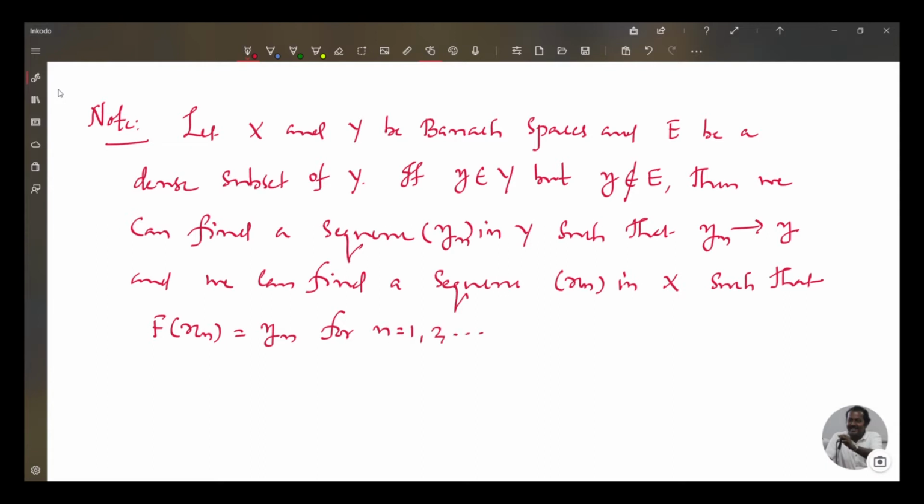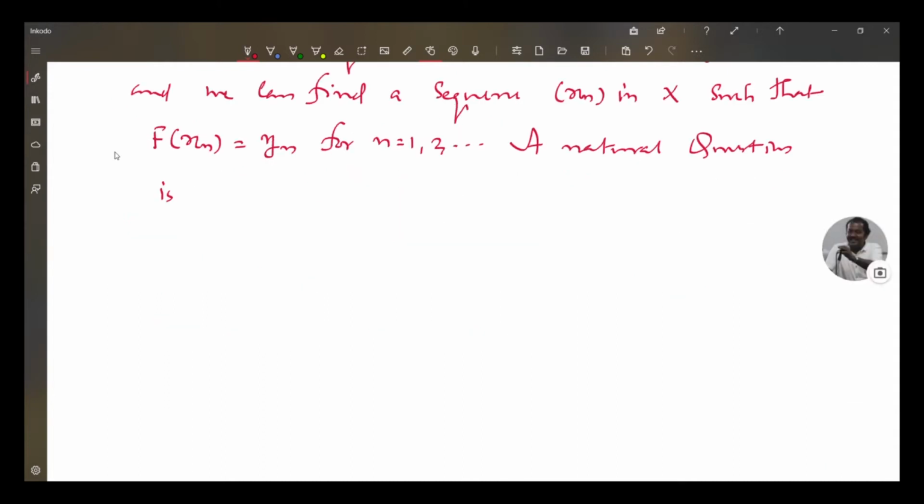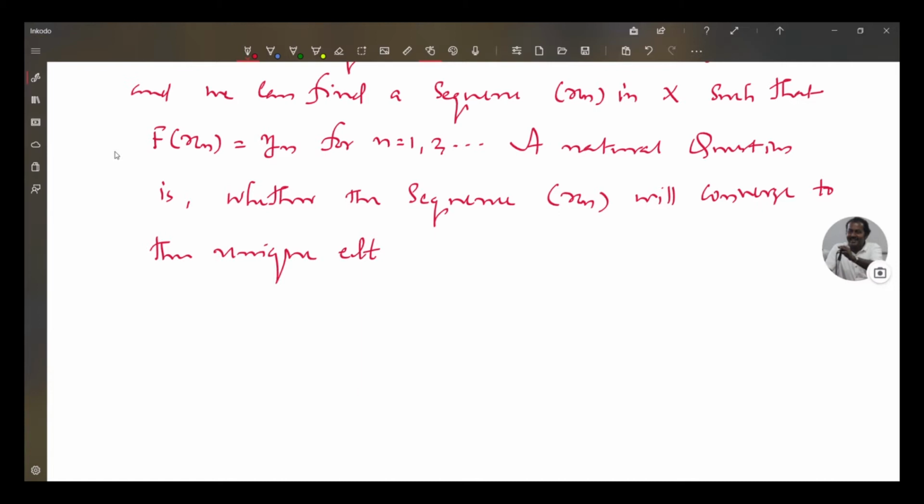So a natural question is whether the sequence xn will converge to the unique element x of X such that f(x) = y.